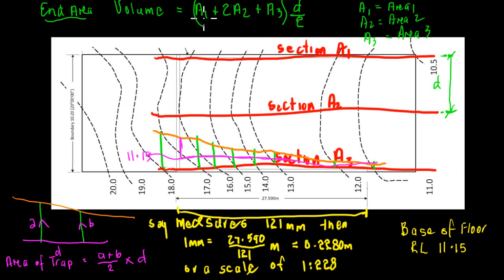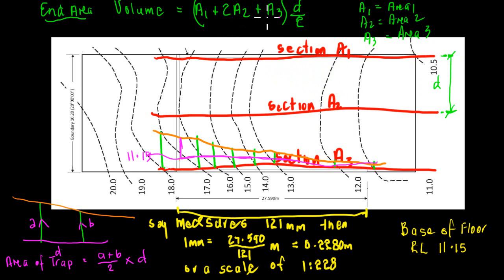Now the end area volume calculation is quite simply the area of section 1 plus twice the area of section 2 in this case, plus the area of section 3, all added together, and then multiplied by the distance between the sections, divided by 2.